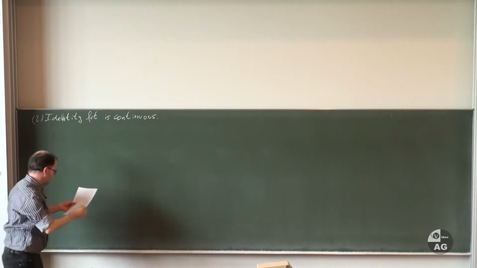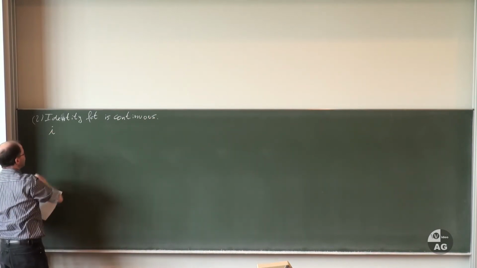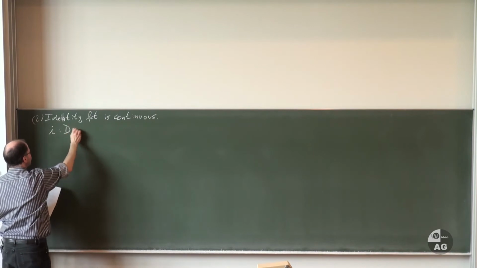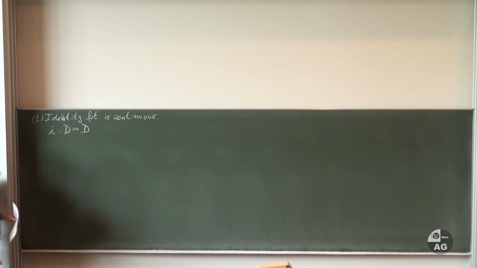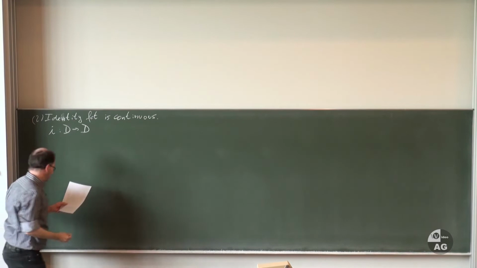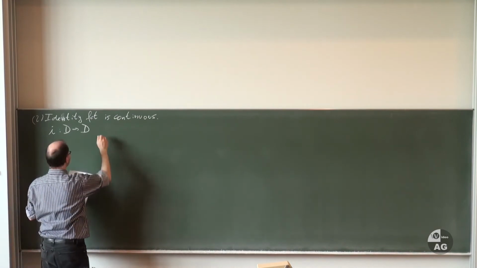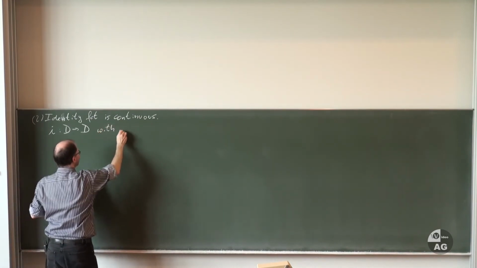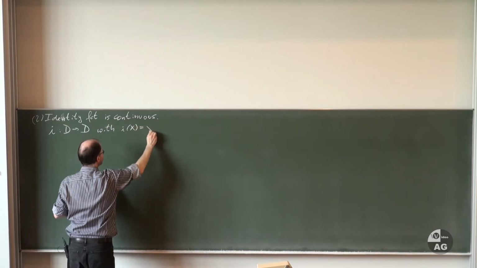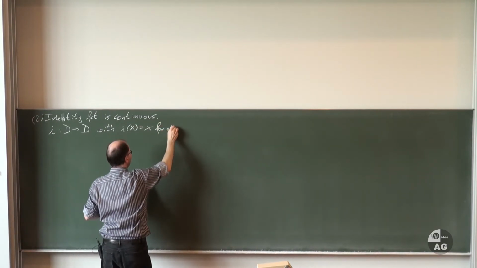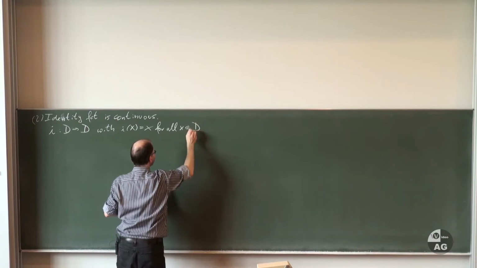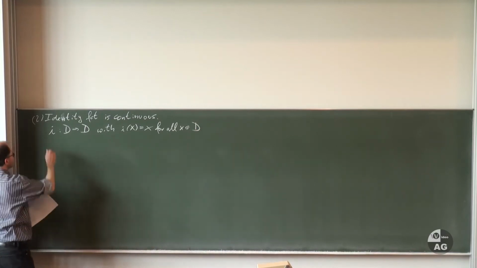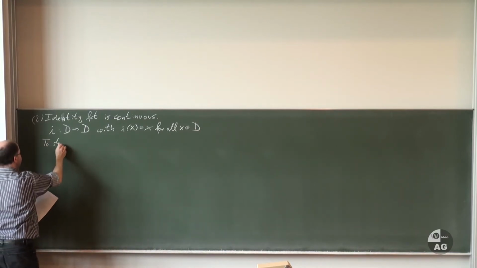What's the identity function? It's a function I which goes from some domain D to D again, and it returns the identity, with I of x is x for all x from D. So I want to show that this is continuous. What do I have to show?